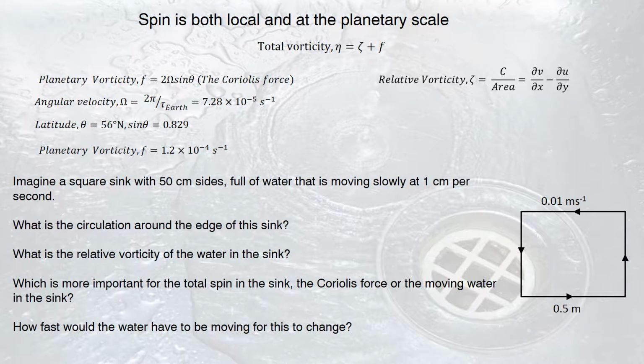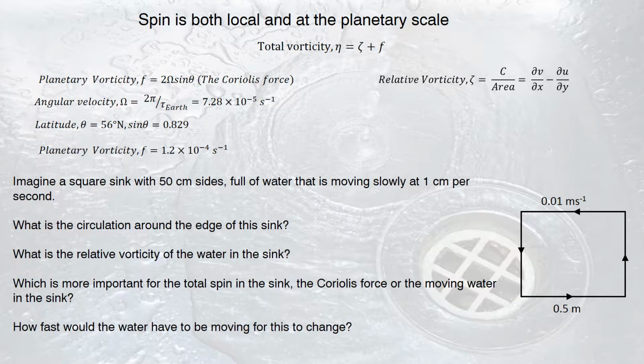So basically, we've got a 0.5 by 0.5 meter sink. The velocity is 0.1 meters per second. So the total perimeter of the sink is 2 meters. And if we add up the velocity as we go round, so we multiply the velocity by the distance, we will get 2 times 0.1.